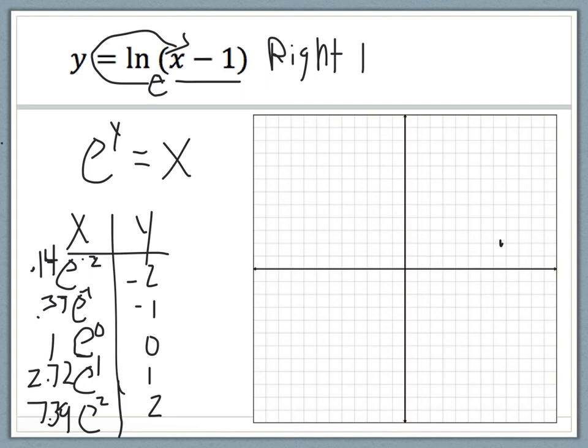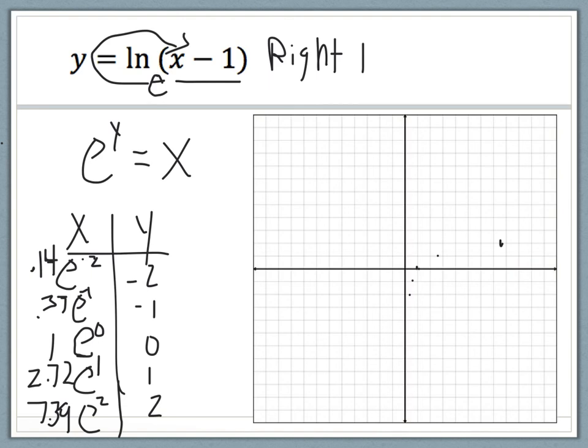Okay, and I'm going to go up 1. Okay, next one, we're going to go over 1, up 0, so right there. Next one is 0.37, so we know that's going to be between 0 and 1. Okay, and the next one, 0.14, so that's going to be a lot closer to 0 than the last one.